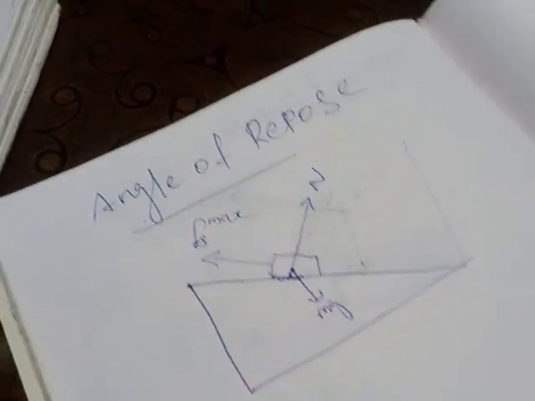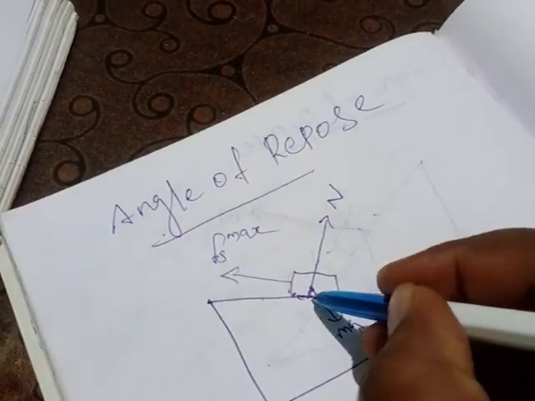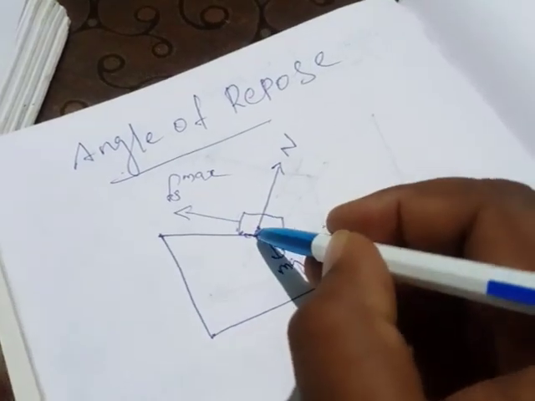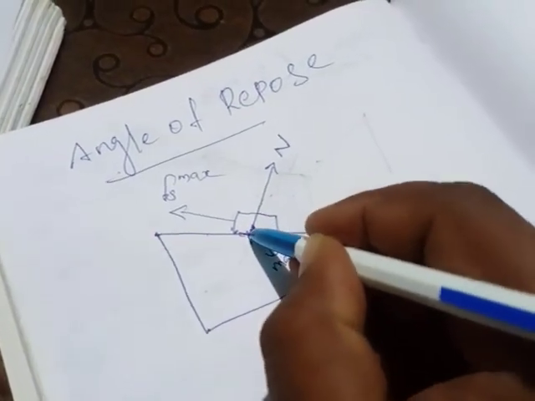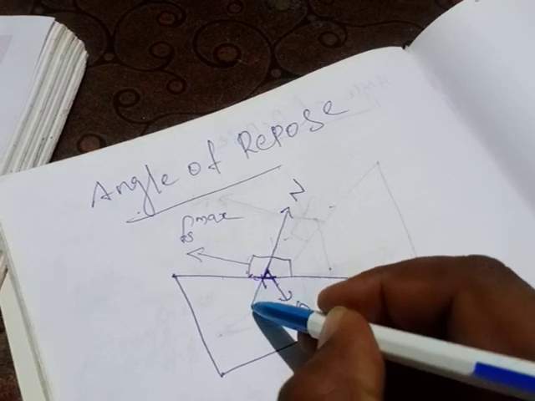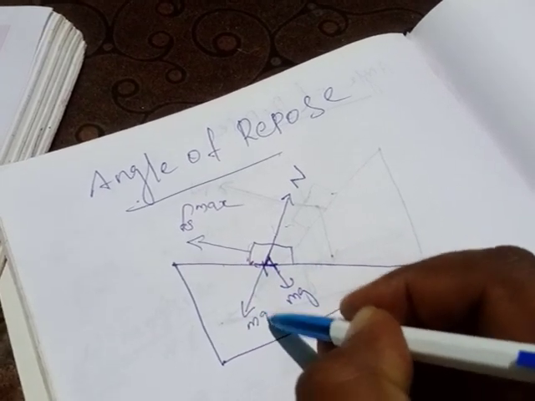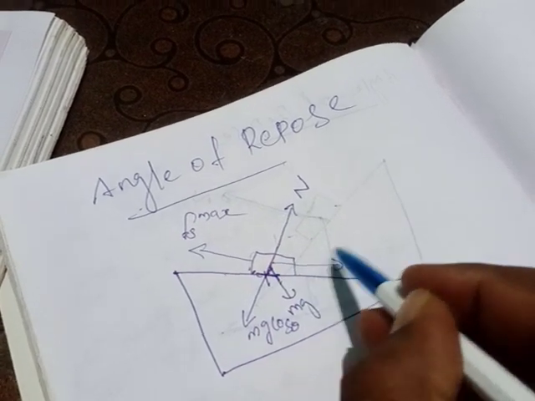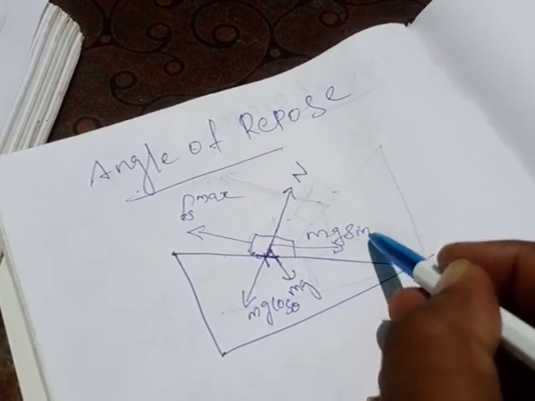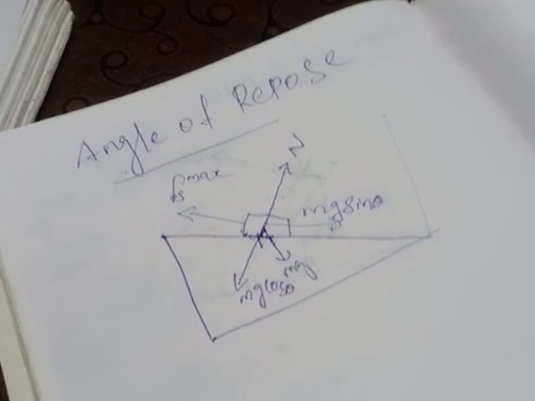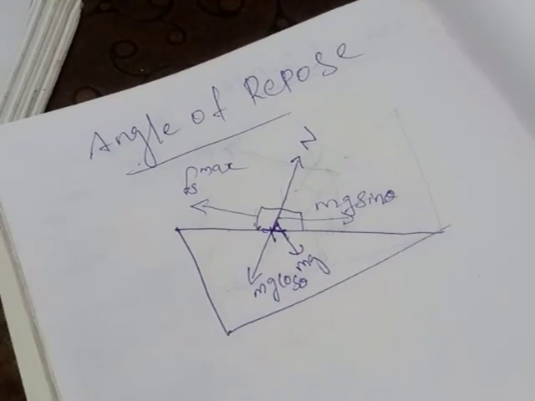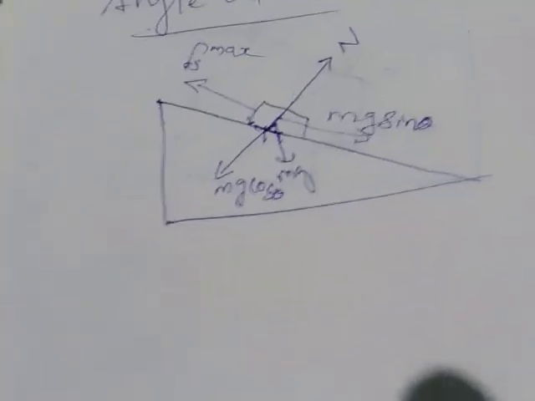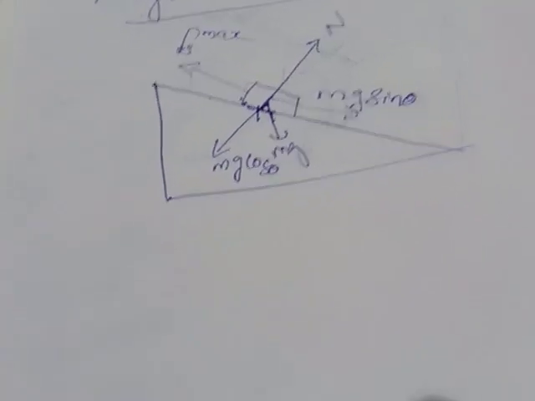We know that mg is at an angle theta, so this mg splits into two components: mg cos theta and mg sin theta.